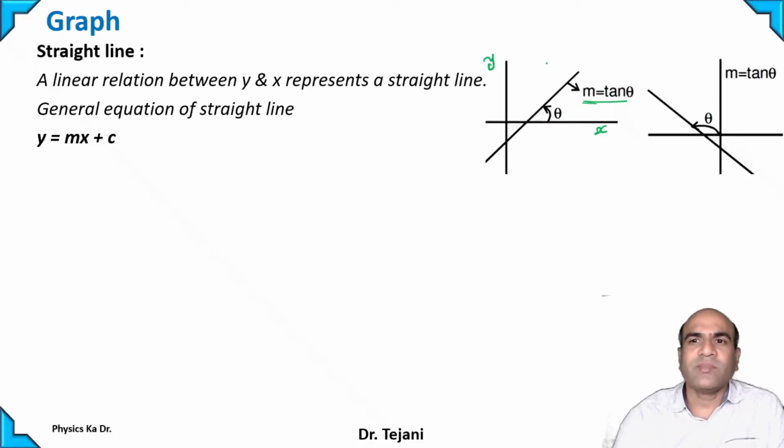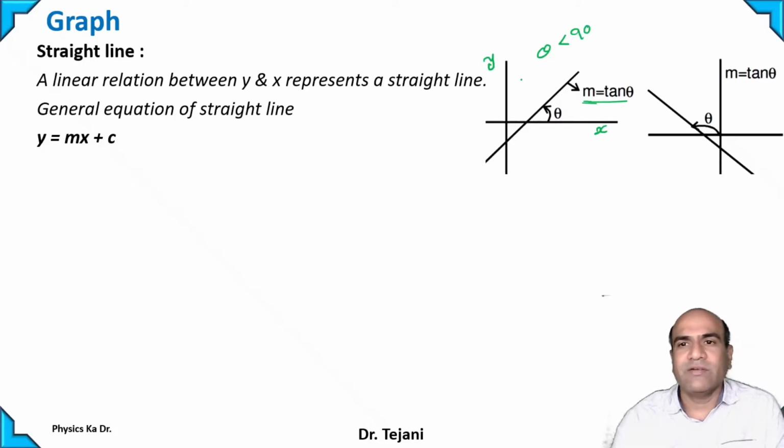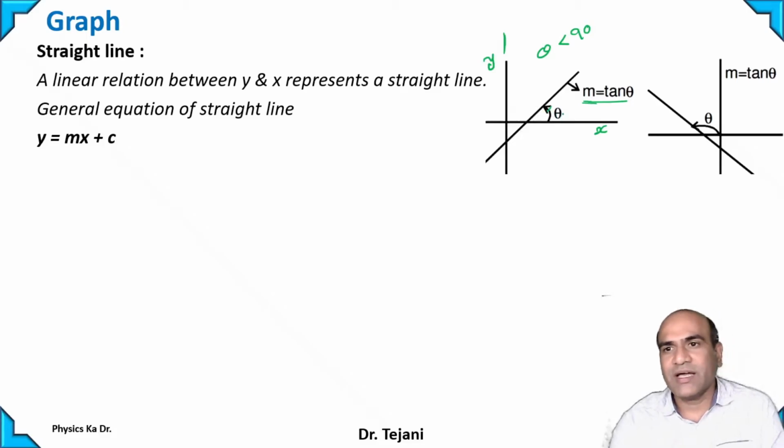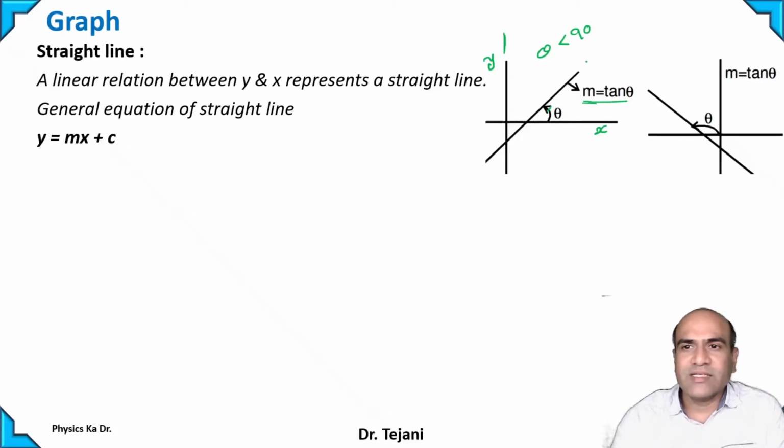If theta is less than 90 degrees, with theta measured with respect to x, then m is positive.